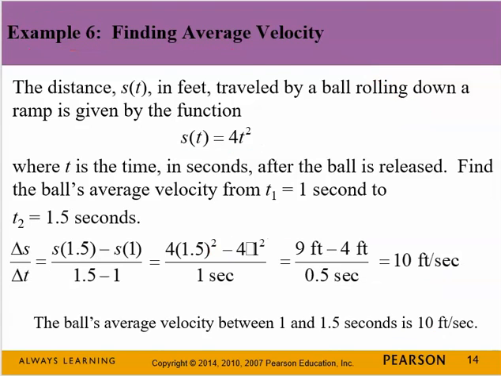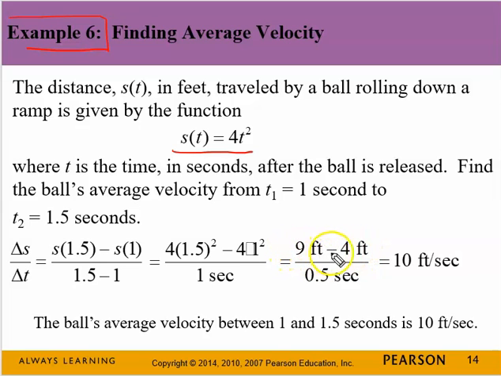And for our last example, very similar to the one we've just done, formula is the same, but now it's from 1 second to 1.5 seconds. So again, this one's laid out properly. You're going to square this. This gives you, eventually when you multiply it by 4, 9 feet. This is 4 feet.